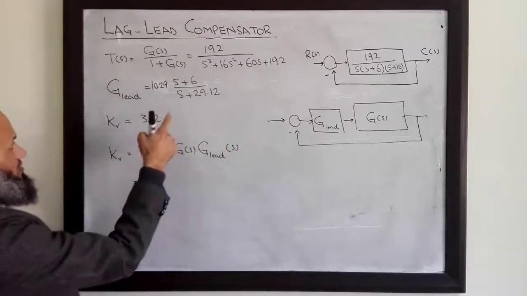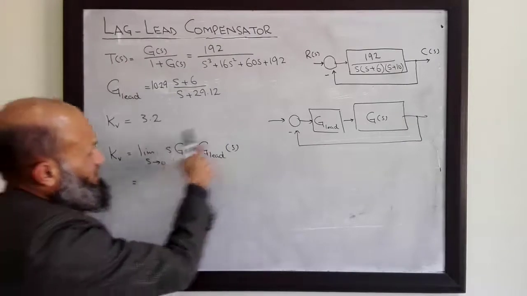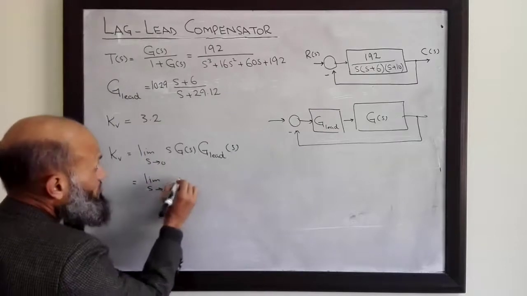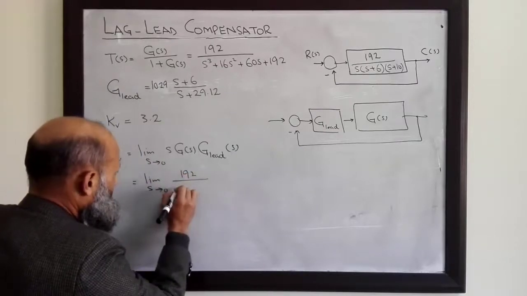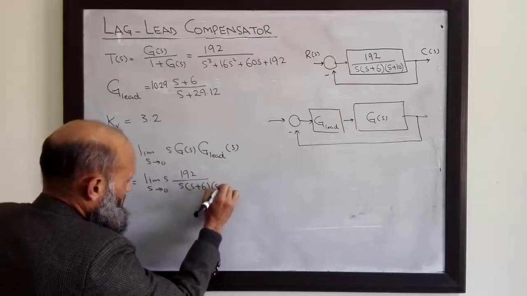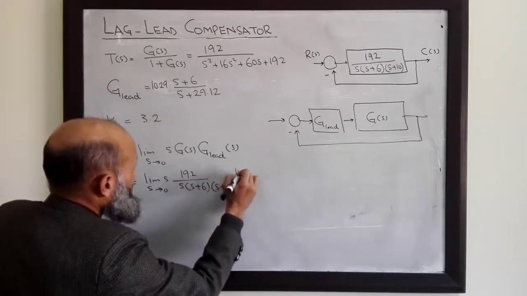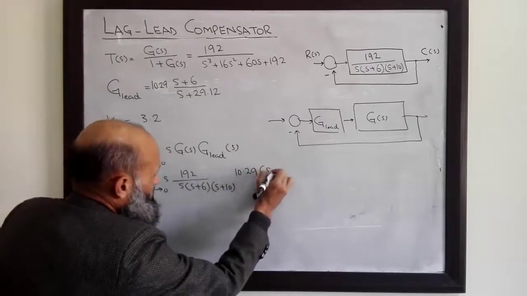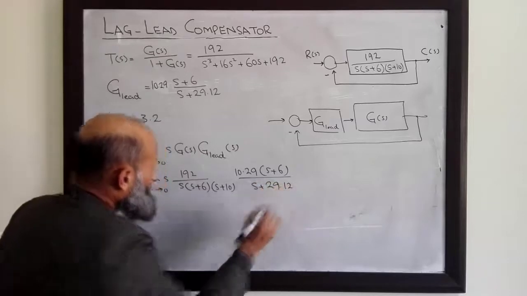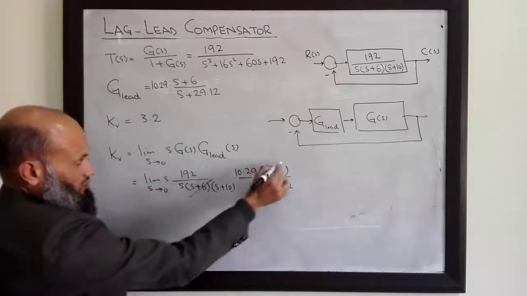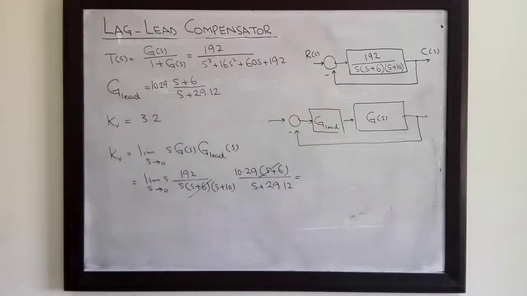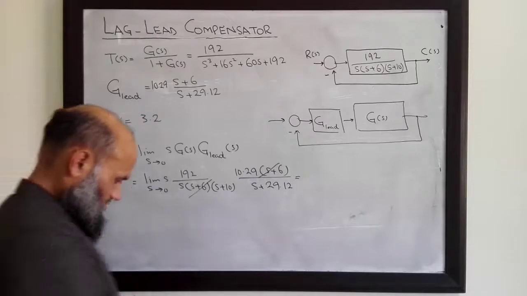We just substitute: s tends to 0, 192 over s plus 6, s plus 10, times 10.29, s plus 6 over s plus 29.12. So after substitution of this limit, Kv is equal to 6.79.